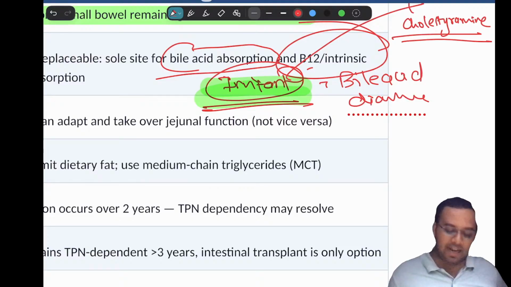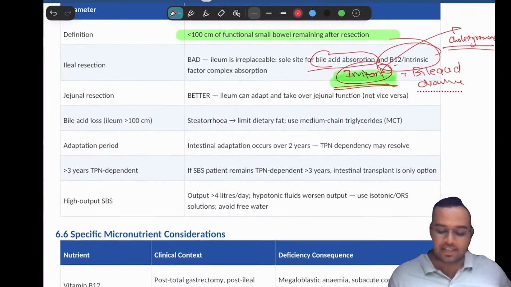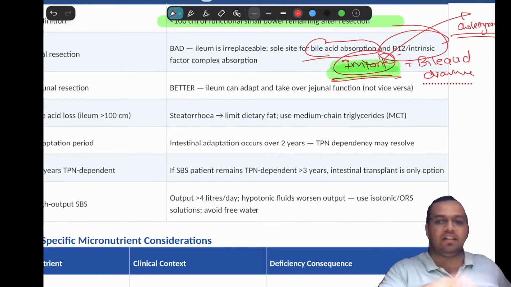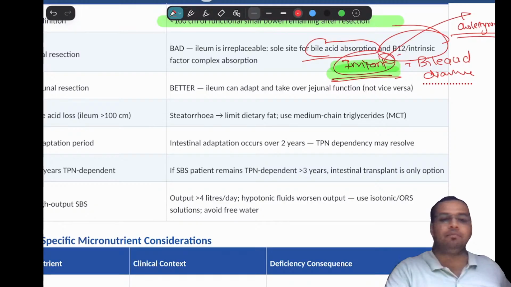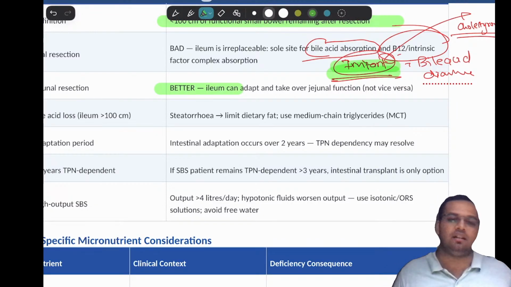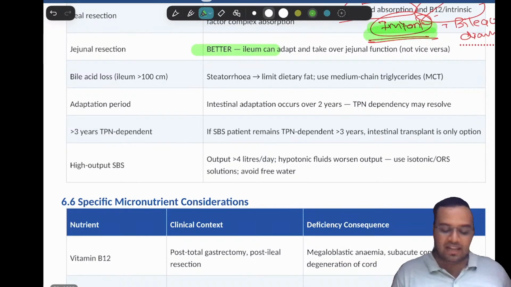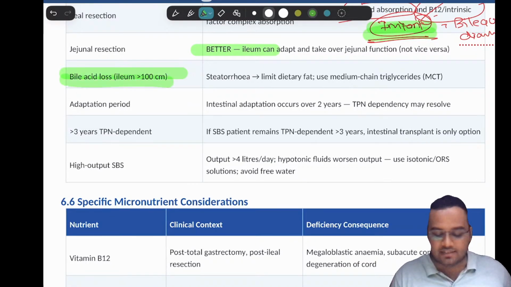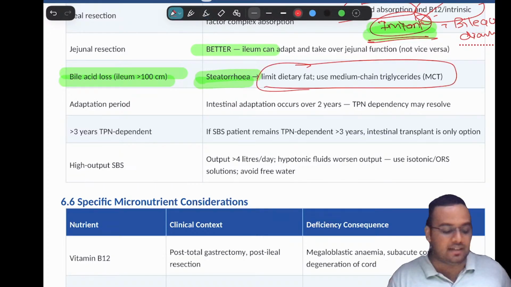So that is tackleable. Now comes the jejunal resection. It is better because whatever is absorbed in the jejunum, the ileum can take over the function, typically the fatty acids and folic acid. Bile loss: if the ileum loss is more than 100 cc, bile acid is lost, which causes steatorrhea. So in these cases, you are going to limit the dietary fat intake of the patients.